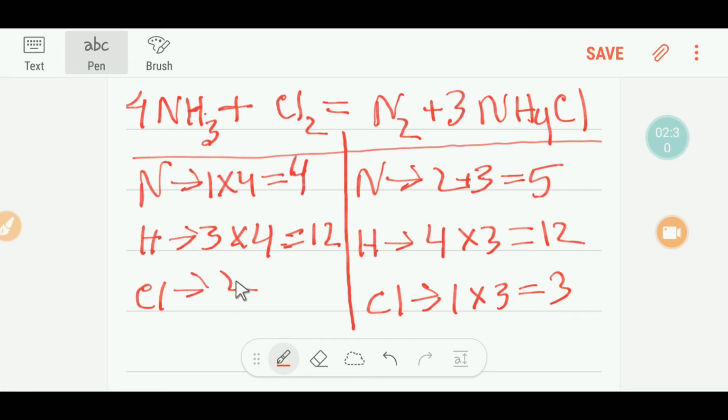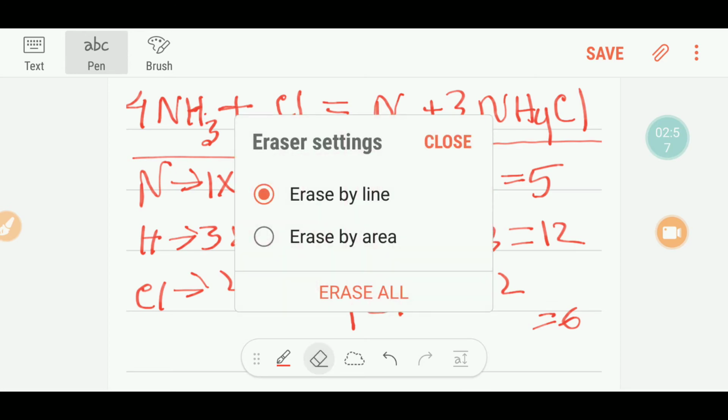So what can I do? I can multiply here by 3, that gives me 6, and I can multiply here by 2, that gives me 6, right? Let me write here 3 times 2, that gives me 6, right?